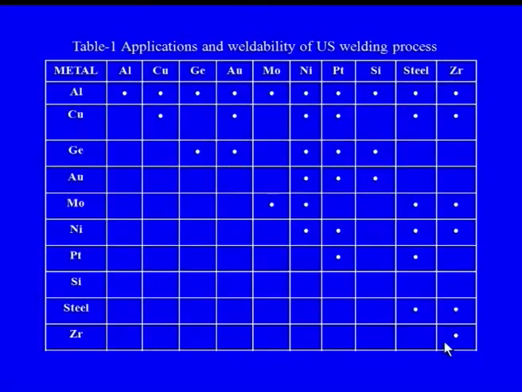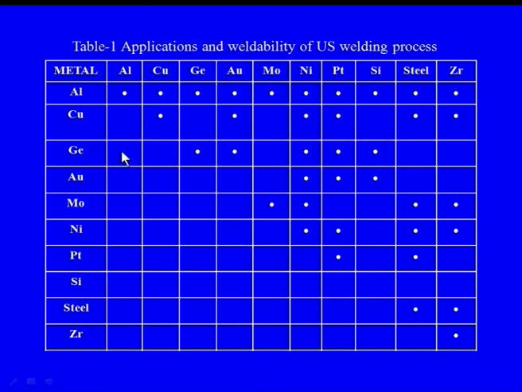Say for example, aluminum can be welded to aluminum, aluminum can be welded to copper, germanium, gold, molybdenum, nickel, platinum, silicon, steel and zirconium. Similarly, copper can be welded to copper as can be seen here, not to aluminum or germanium, not to molybdenum, neither to silicon.